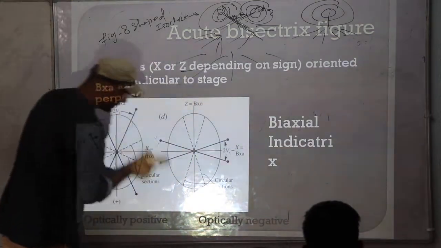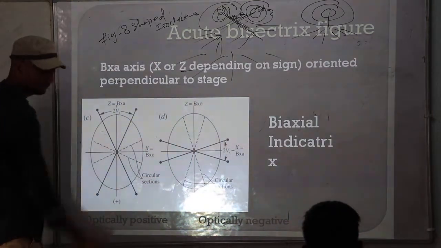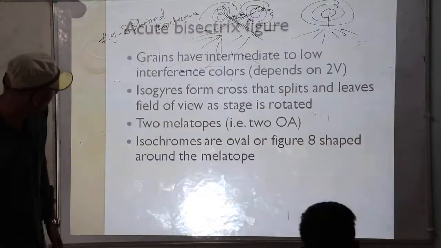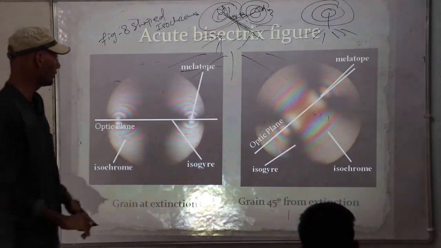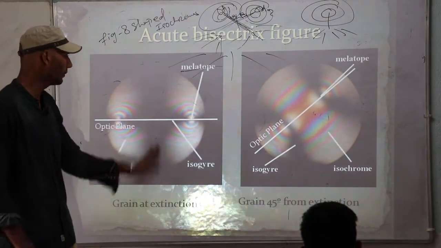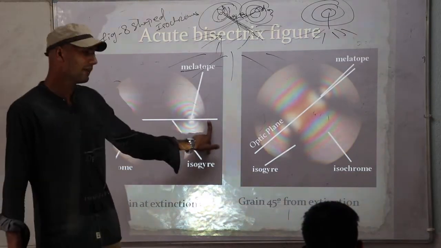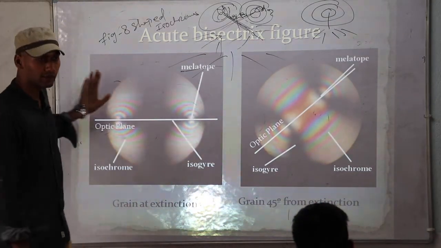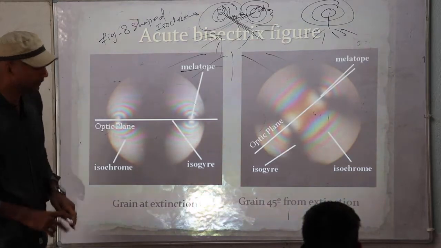I will discuss that in determining optic sign, but for now I have discussed these two: if this is the optic plane, this will be the Y vibration, and this will be either X or Z depending upon whether the mineral is positive or negative.